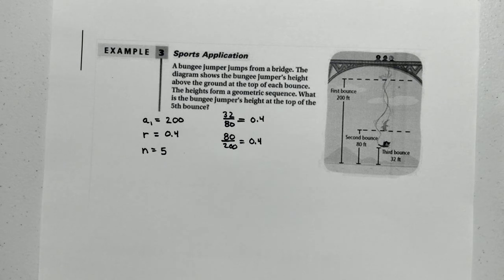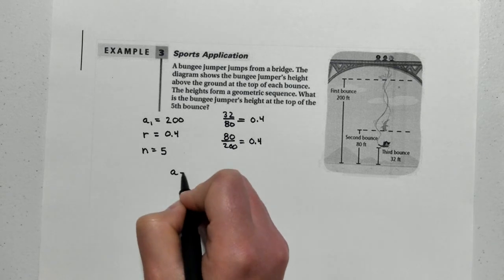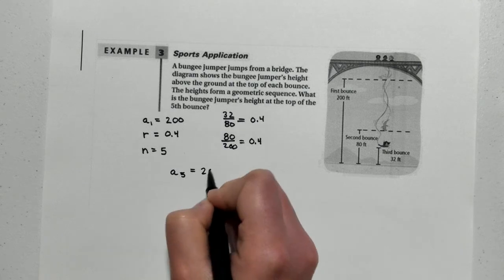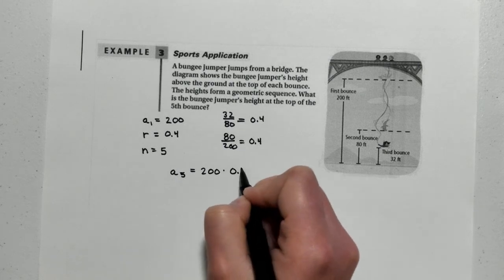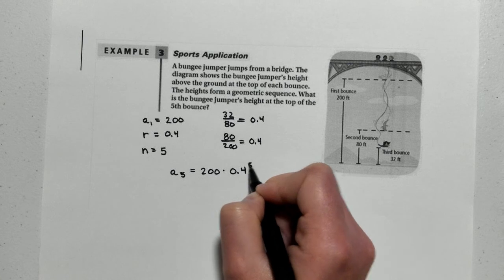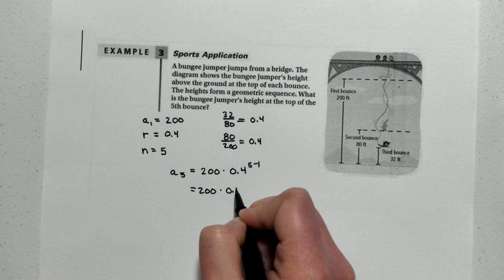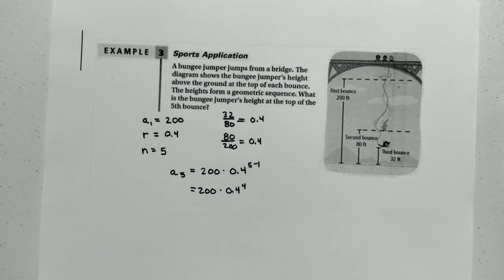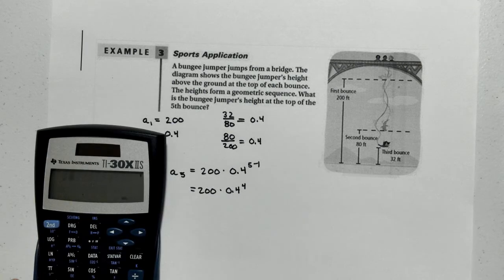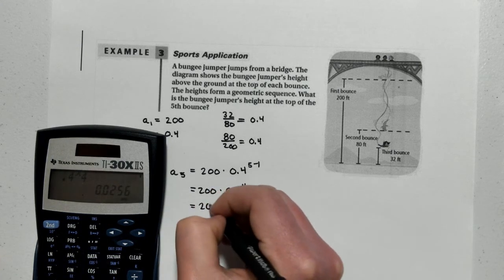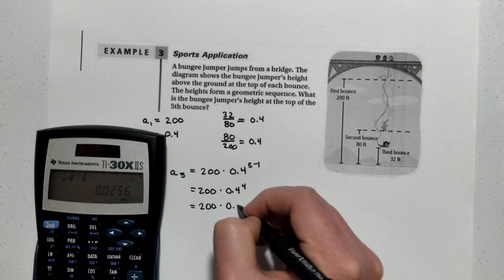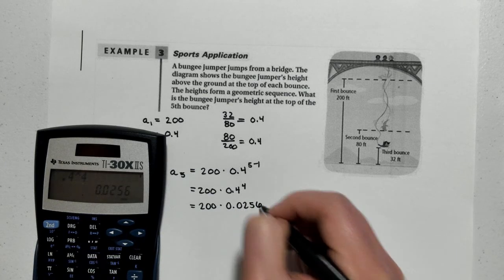So now I'm going to go find that 5th bounce. So we're going to have a sub 5 equals 200 times 0.4 to the power 5 minus 1. So we'll have 200 times 0.4 to the 4th power. So we're going to raise 0.4 to the 4th power. We'll get 0.0256.